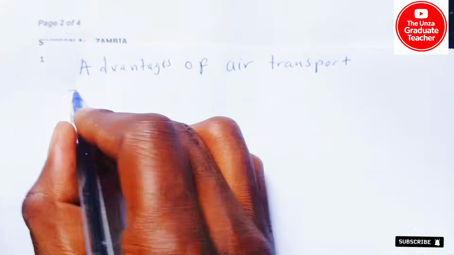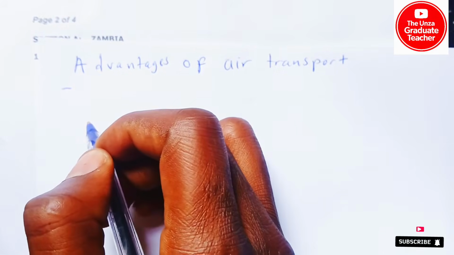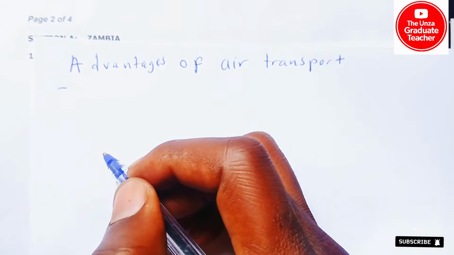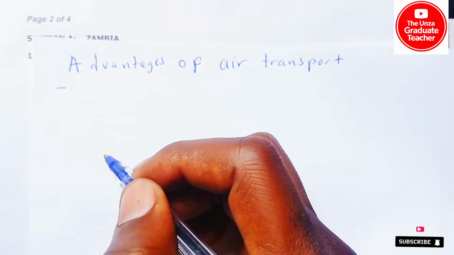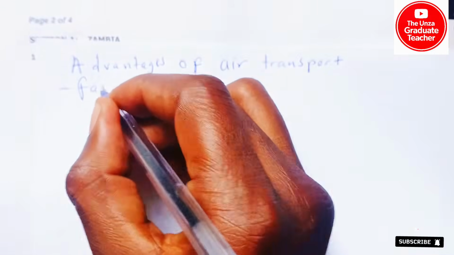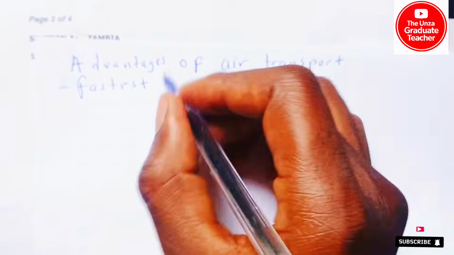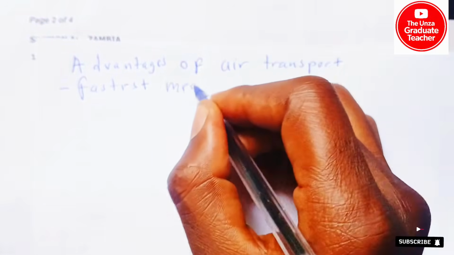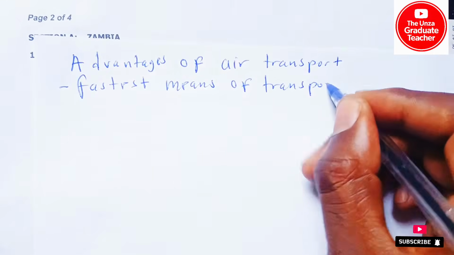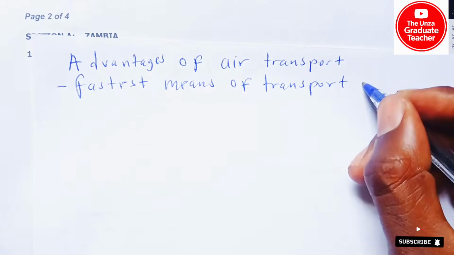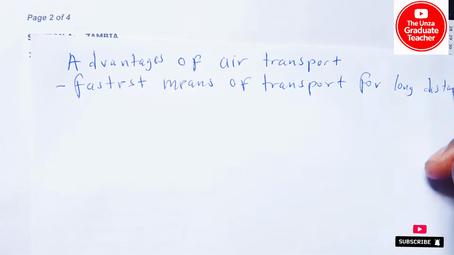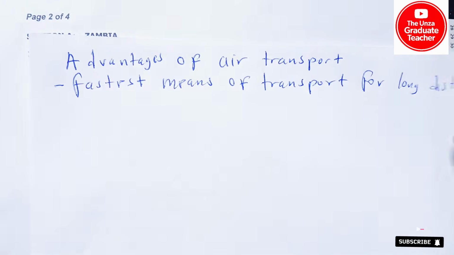The first advantage that you are going to say is that it is the fastest means of transport for long distances. You can write it here: fastest means of transport for long distances. So this one is the fastest.